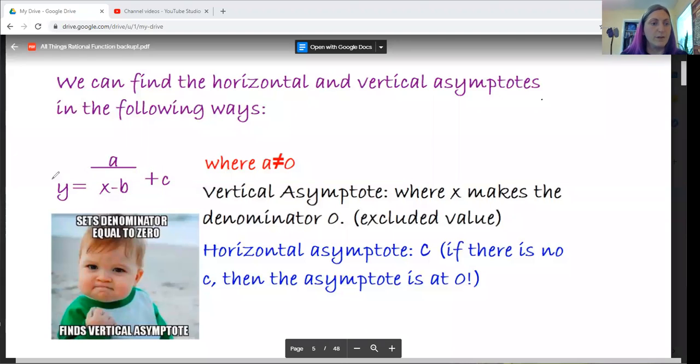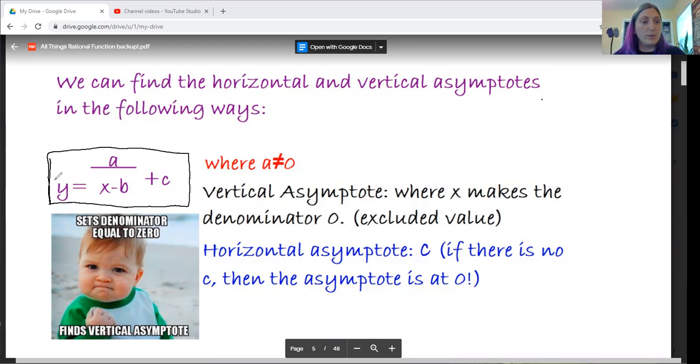All right, this over here is a very standard form of many rational functions. When you start to see lots of letters in there, like y equals mx plus b, it's a thing that you see frequently, and we can look at the patterns in it.